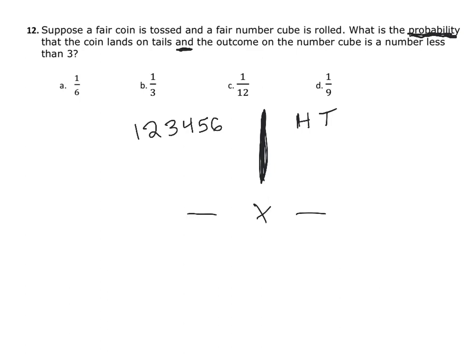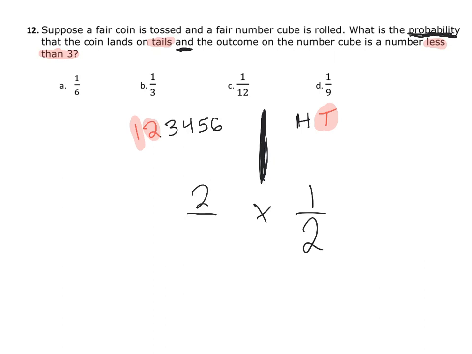Now, it wants to know that landing on tails. So landing on tails, so that would be this one. That is 1 out of 2 outcomes. The other thing is that the number cube is less than 3. So 2 is less than 3 and 1 is less than 3.